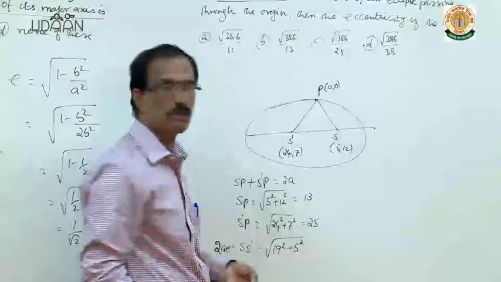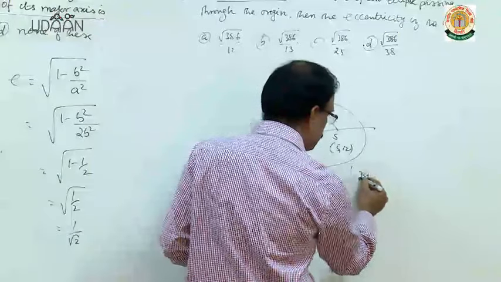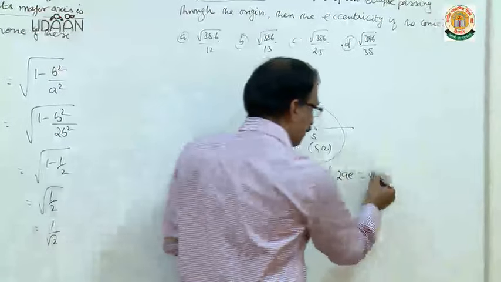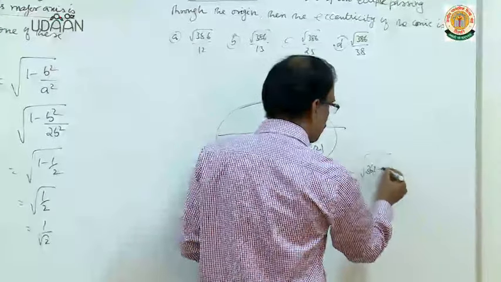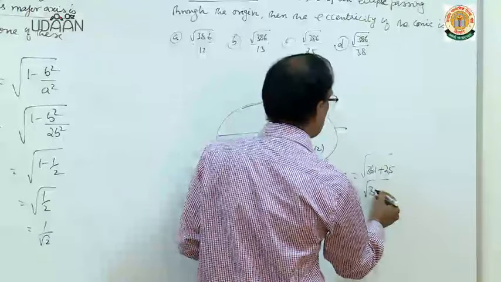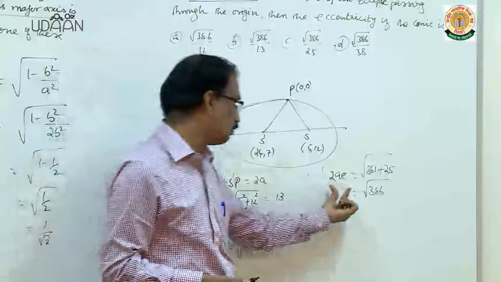So 2AE is the root of 361 plus 25, or root of 386. This is 2AE.